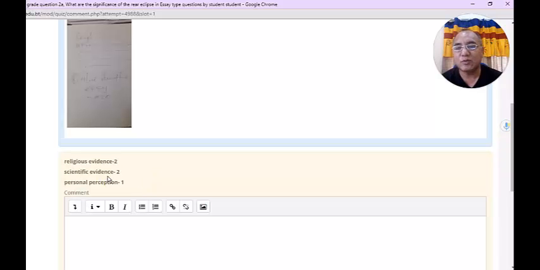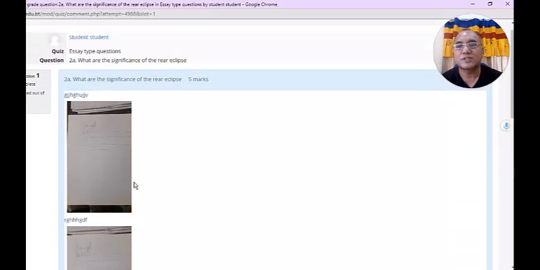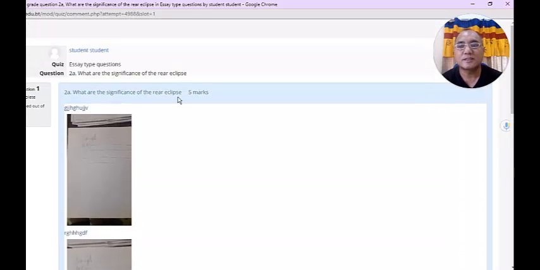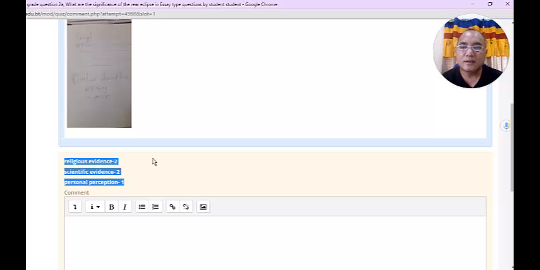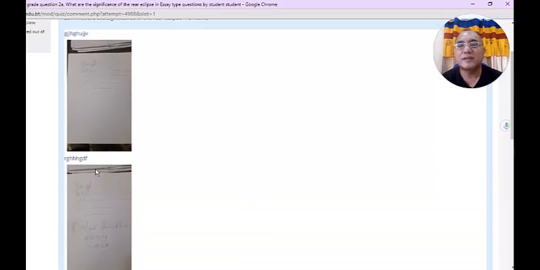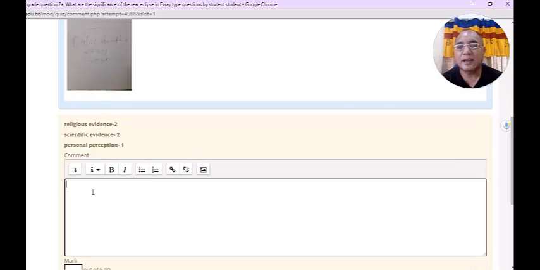So I have 3 points to keep in mind: religious evidence, scientific evidence, and personal perceptions about this question. The question is, what is the significance of a rare eclipse? So I will keep these 3 criteria, evaluate, and write: well done, well done.